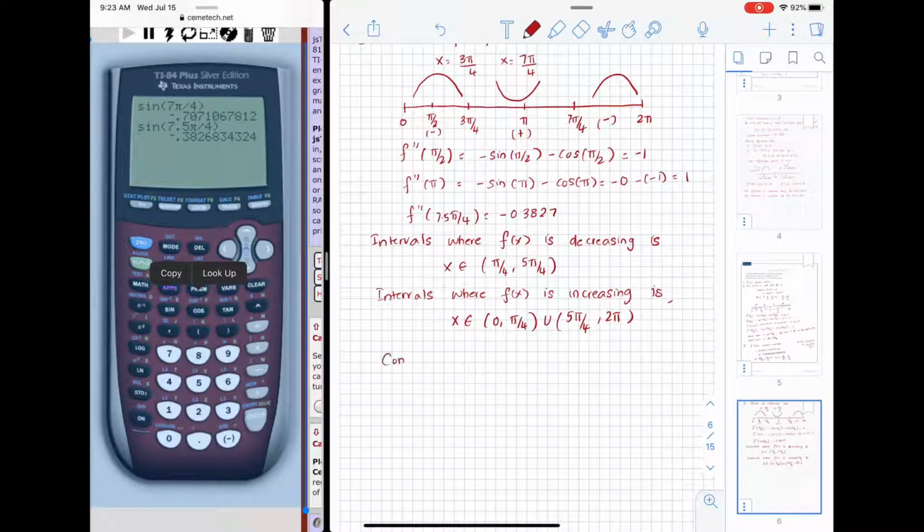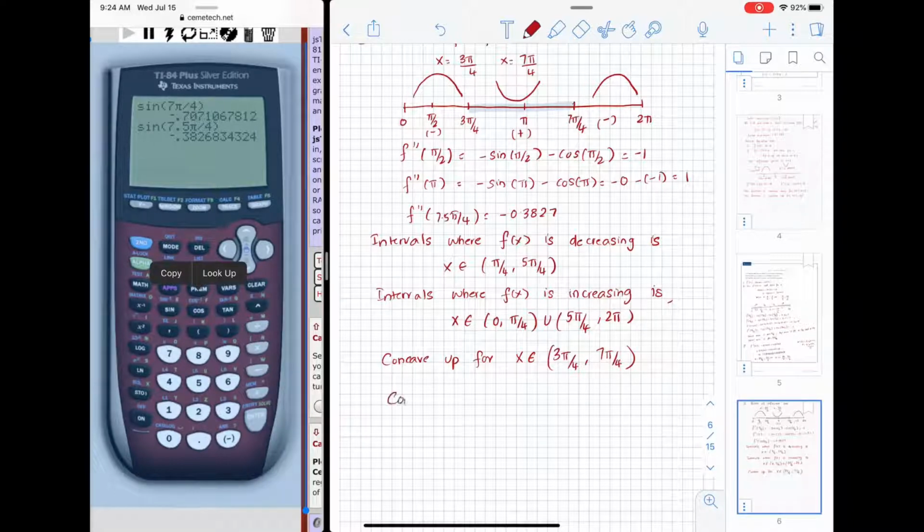The function is concave up for x in, so it is concave up for all values right here. So that would be 3 pi over 4, comma 7 pi over 4.